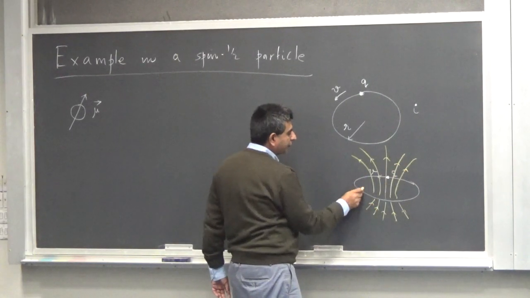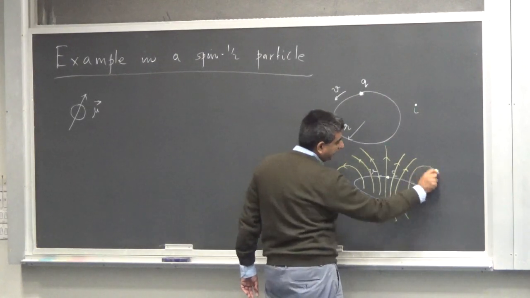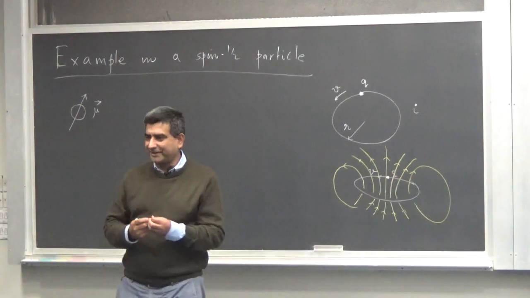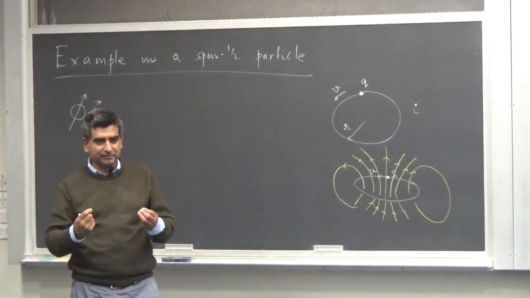It's going to loop back onto itself, no doubt about that. That's a property of magnetic fields. So this current carrying loop is like a tiny magnetic moment, like a magnet.